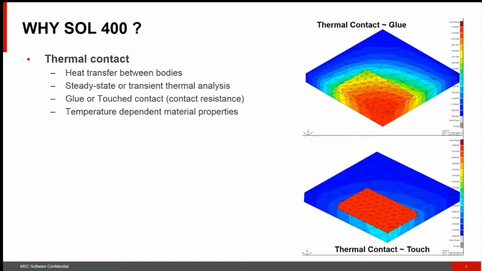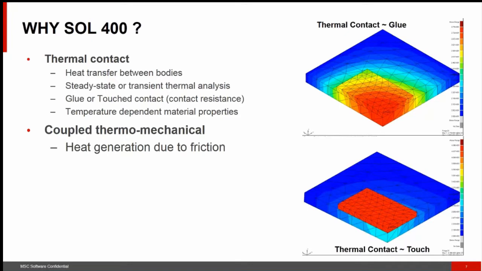For the glued one, you can see the temperatures are very continuous across the interface. As for the touching one, you can use a touching contact to simulate the contact resistance between the bodies. You can see here that there is a temperature drop between the two parts when we're using touching contact.